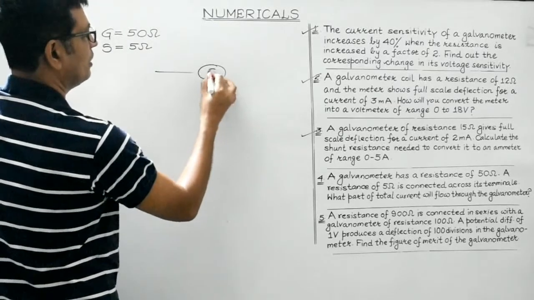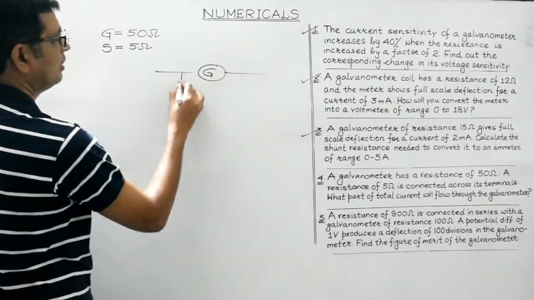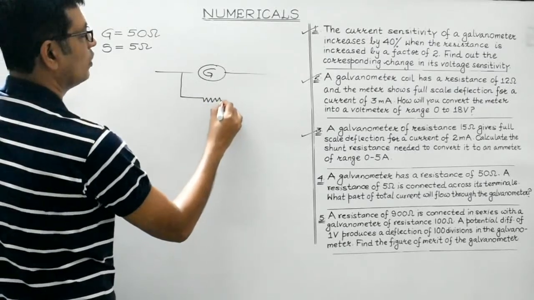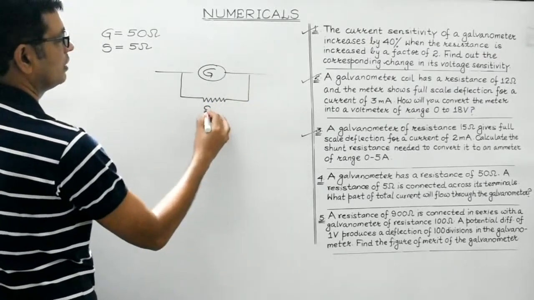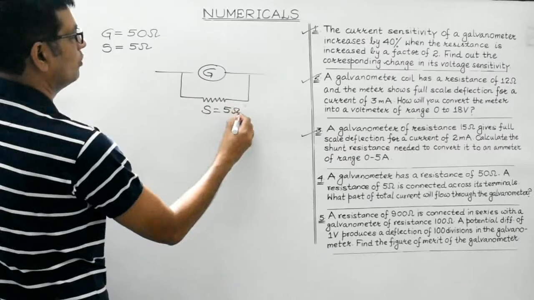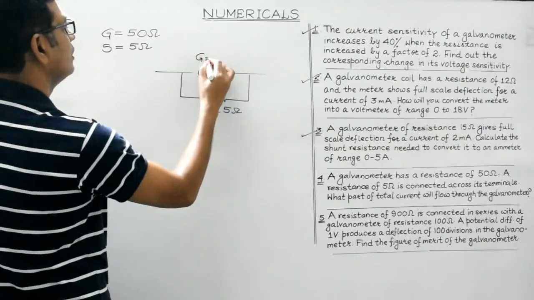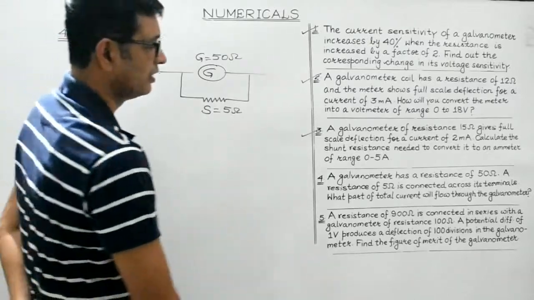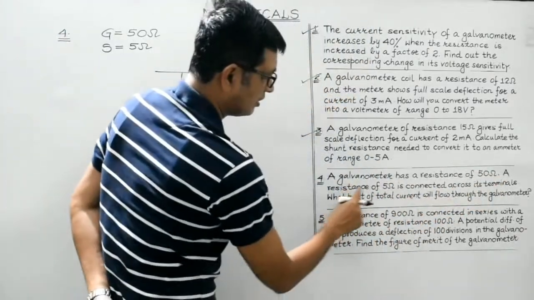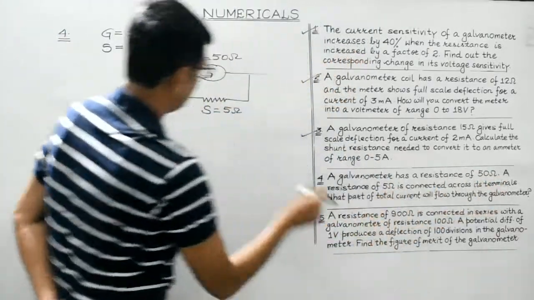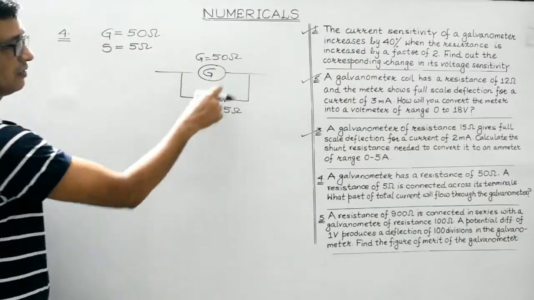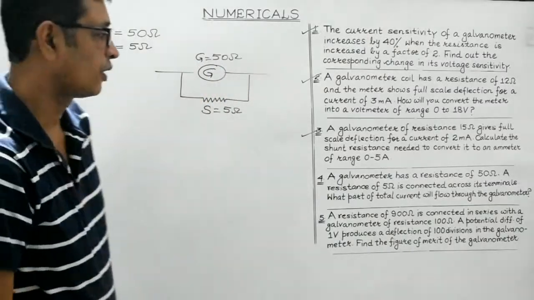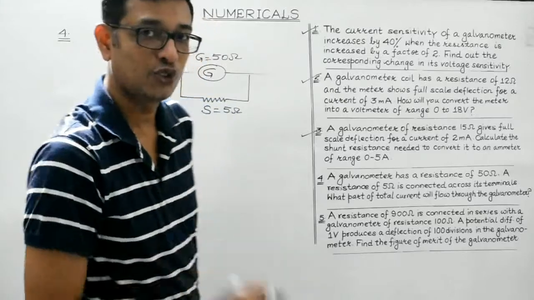This is a galvanometer and a resistance wire like this S, which is 5 ohm, and the value of G is 50 ohm, is connected like this. It is given a resistance of 5 ohm is connected across its terminals, right? Like this. So, what part of the total current flows through the galvanometer?